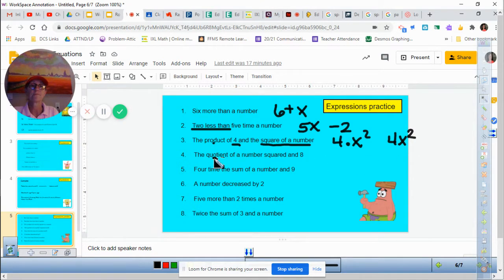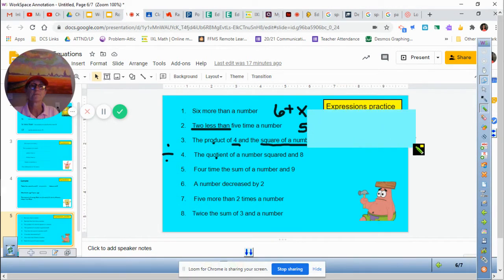Number 4, the quotient. What's quotient? Well, we know that quotient is divide. In algebra, just like we didn't use multiplication symbols, we don't use division symbols. We use fraction bars, and we want to keep them horizontal.